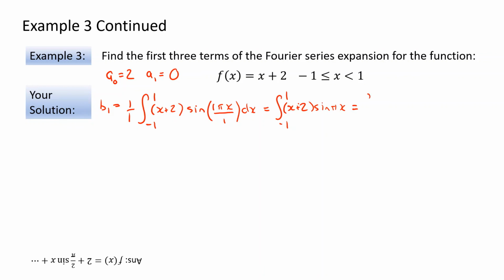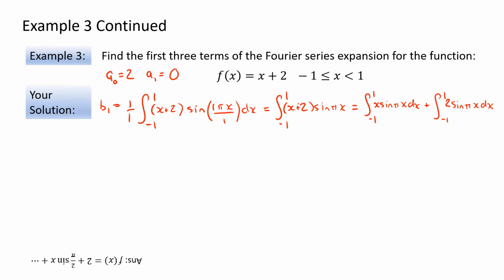So what we end up with is the integral from -1 to 1 of x sine of pi x, plus the integral from -1 to 1 of 2 sine pi x. Okay. Once again, integration by parts.